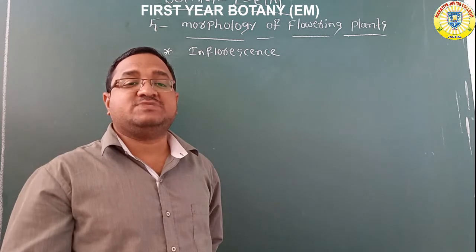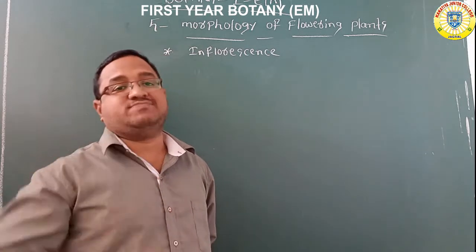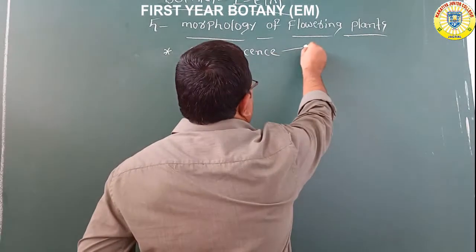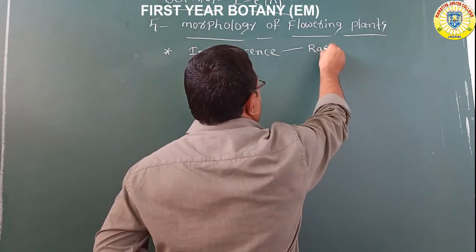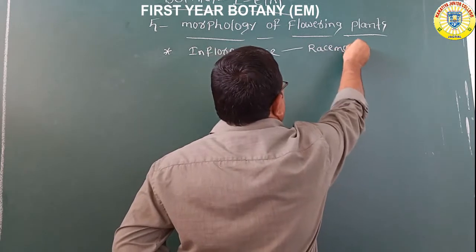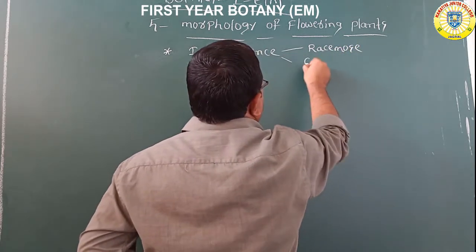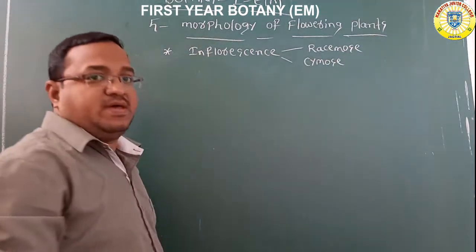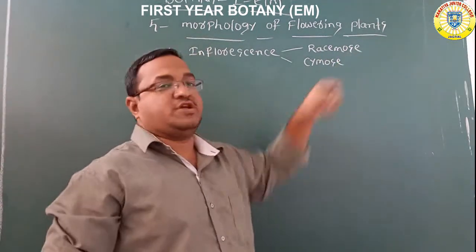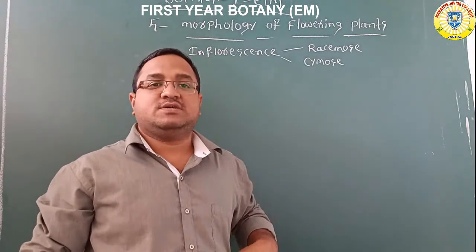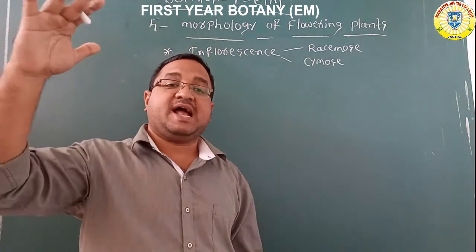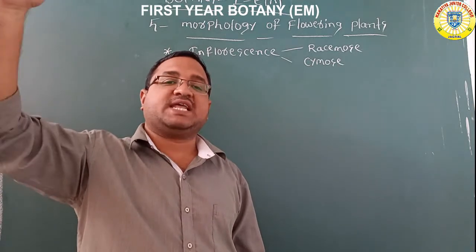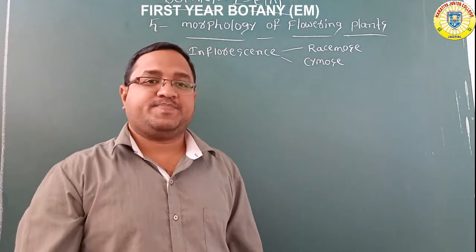Here, inflorescence is mainly of two types. Yesterday we discussed the first one, racemose, and the second one is cymose. What is racemose? In racemose inflorescence, the floral axis continues to grow, and flowers are arranged in acropetal manner.